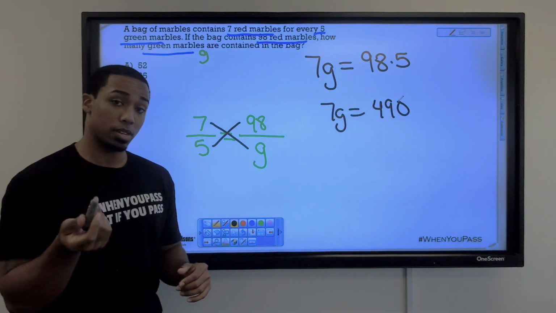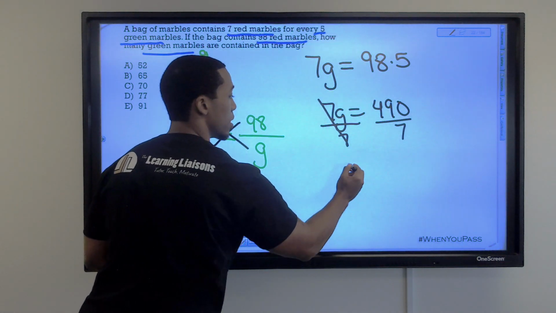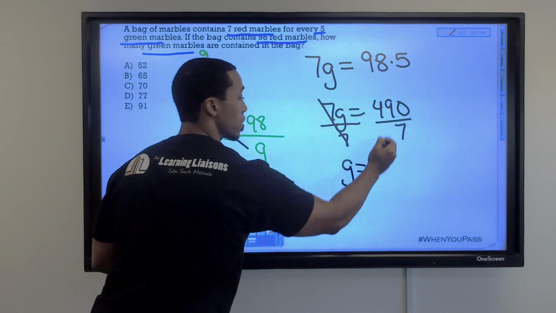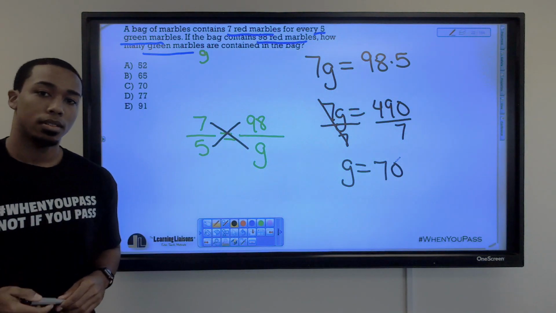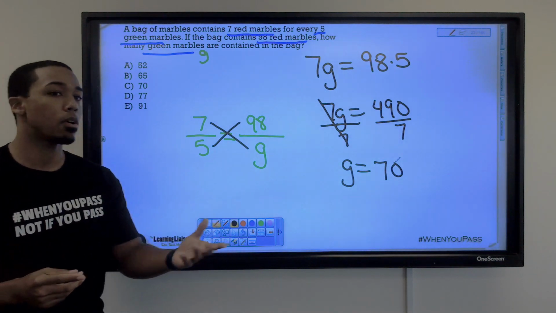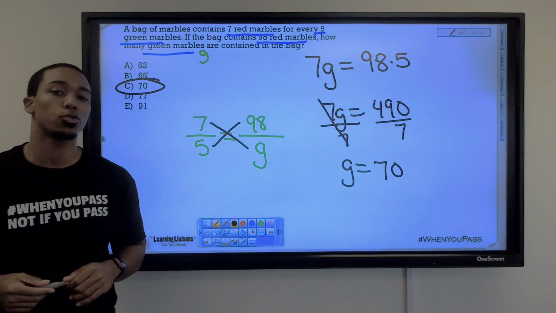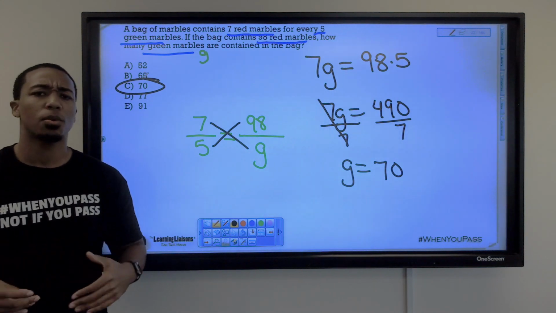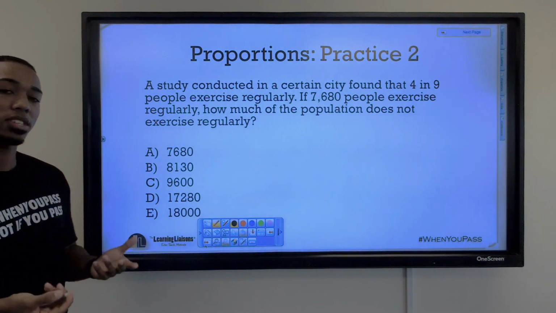If we divide both sides by 7 now, that's going to be G equals 70. And there we go. So there are a total of 70 green marbles in the bag. Boom. And that's answer choice C. So hopefully, again, we're getting a little sense out of this. We want to feel a little more comfortable each and every time.